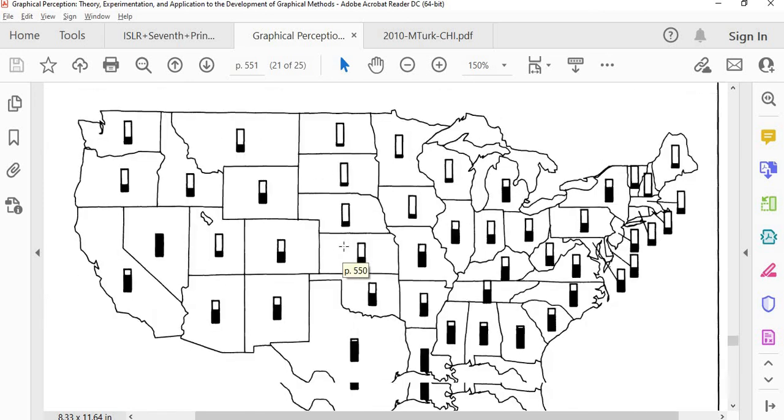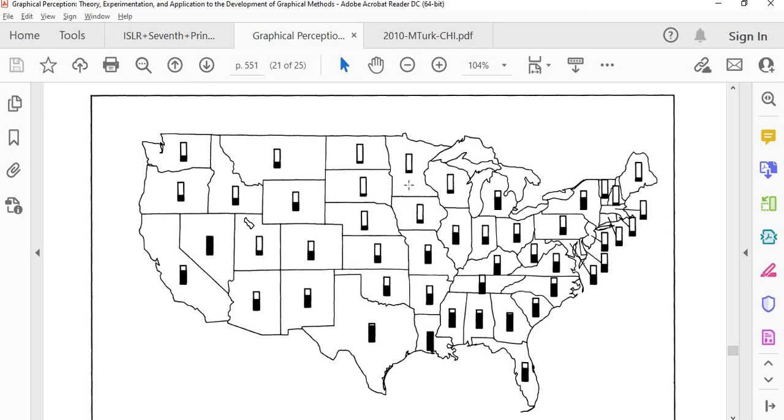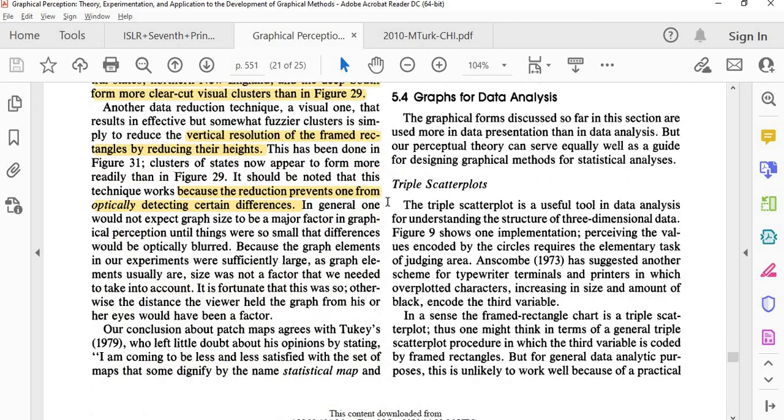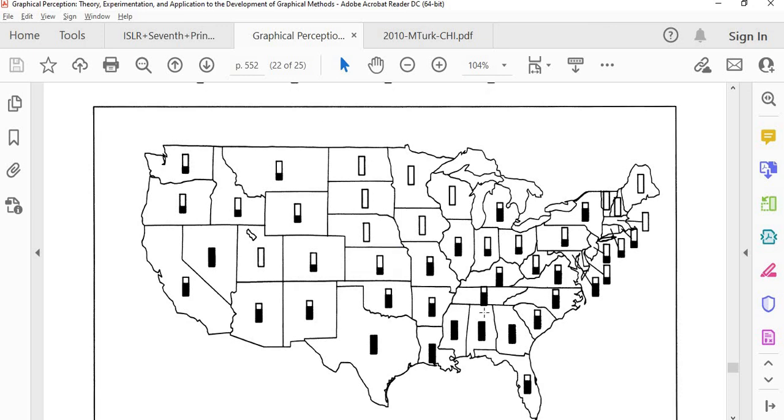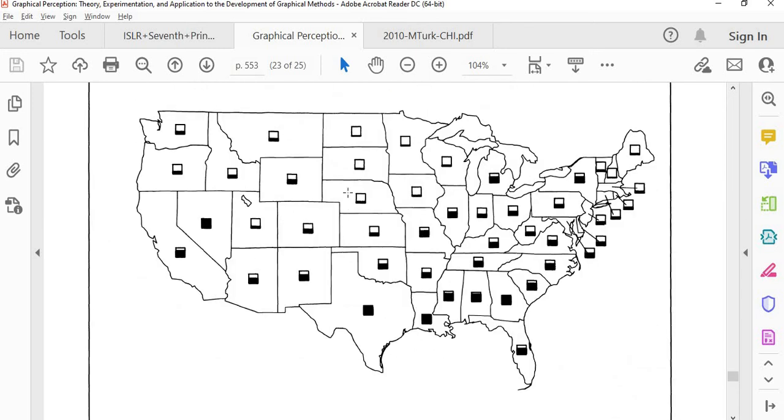So what they said is to find the median and group all these boxes, all these rectangular shapes. So they've grouped all these values, ranging from 0 to 4, they have given this shape, 4 to 8 they have given this shape, and it will be easy. Now to make this easier, they have reduced the size of these boxes, right? So it is more understandable.